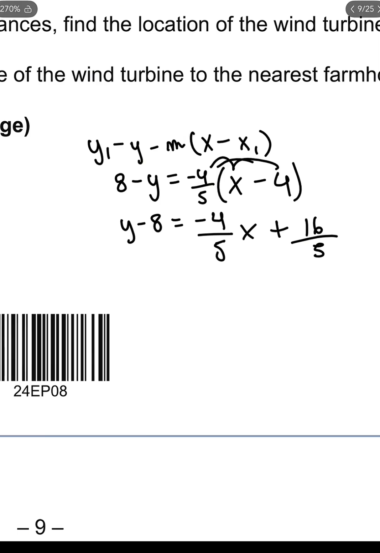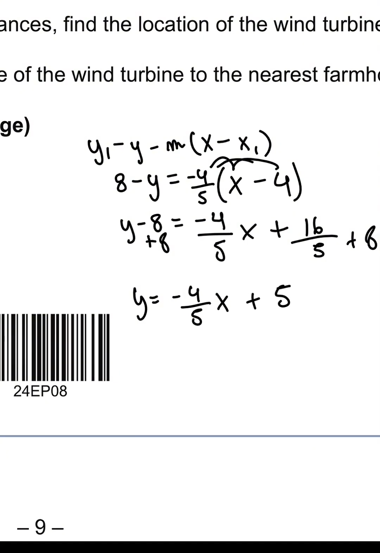In my equation of the line, I just want y equals, so I have to add 8 on both sides, which gives me y equals negative 4 over 5x plus 56 over 5.